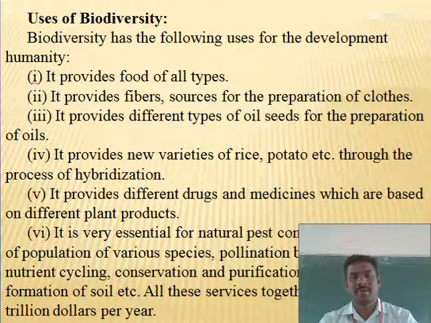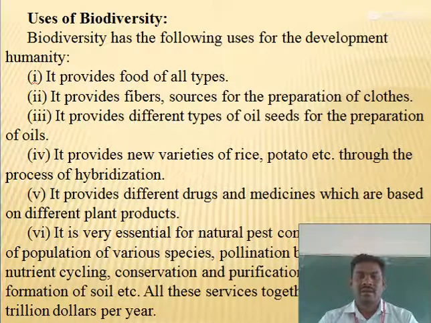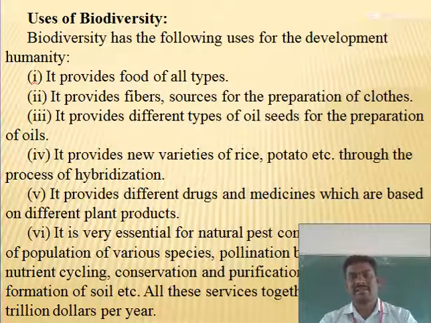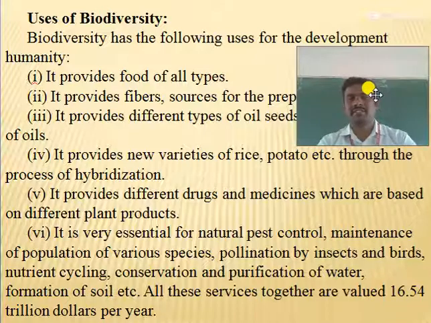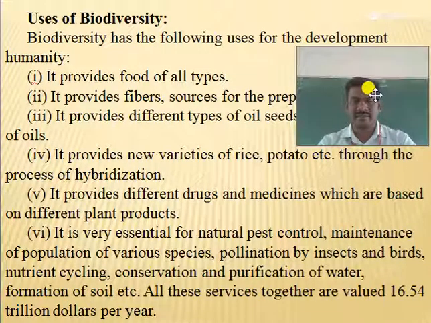Second one is it provides fiber, a source for preparation of cloth, then different types of oil seeds, variety of rice, potato, etc. It provides different drugs and medicines and essential nutrition, pest control, maintenance of populations of various species, pollination by insects and birds, nutrient cycle, conservation and purification of water. These are uses of biodiversity.